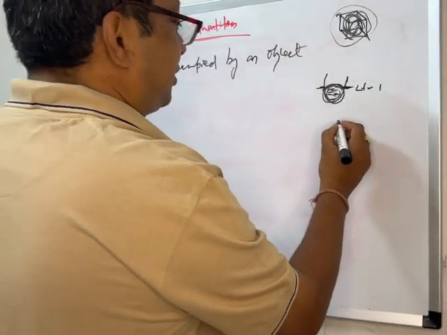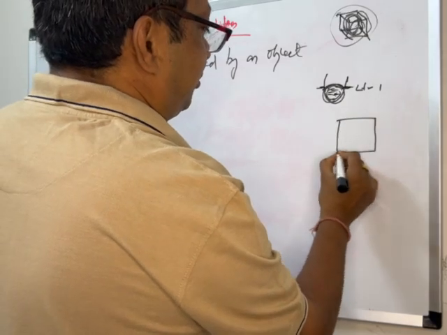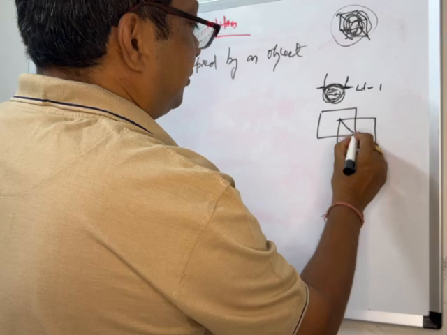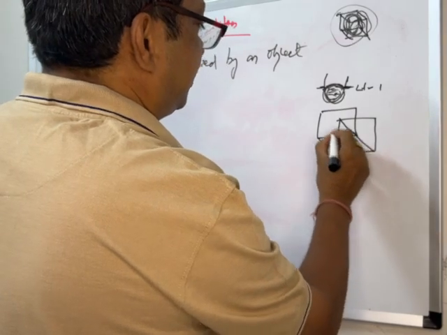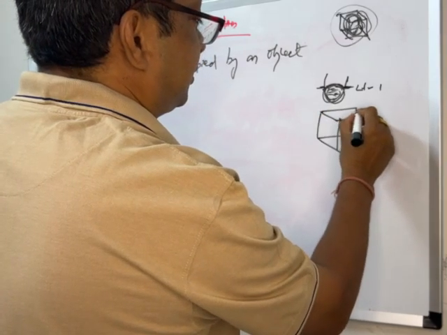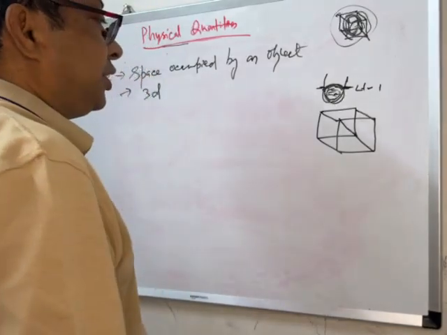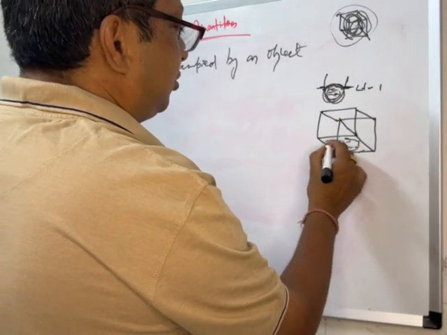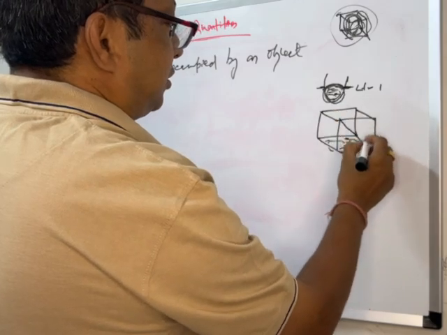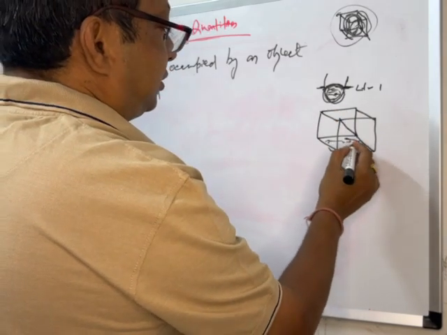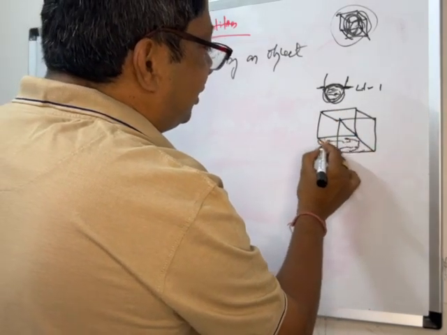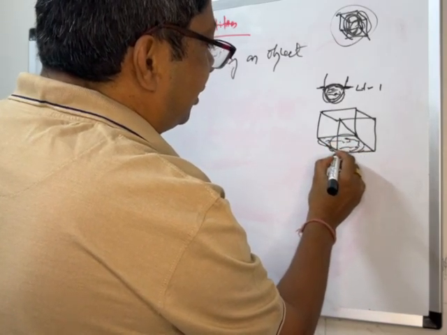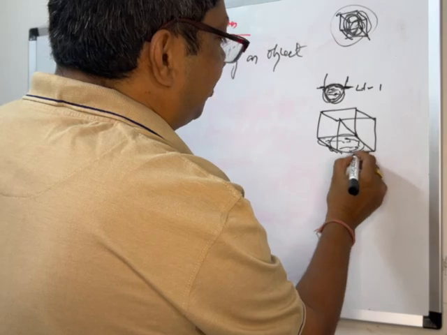Suppose your study room. Suppose you are sitting here. This is ground, and this is wall. And this ground, this is the ground surface. It is called area because it is 2D: one length, one breadth.